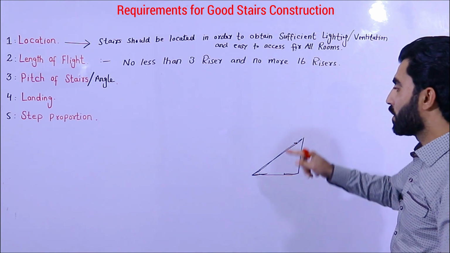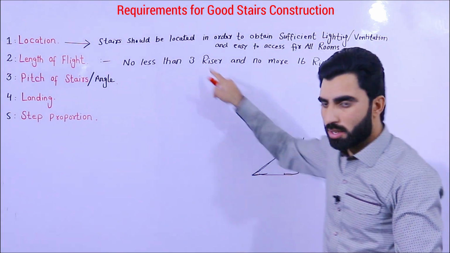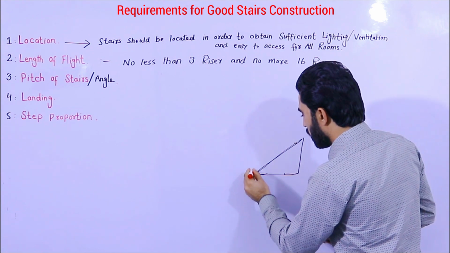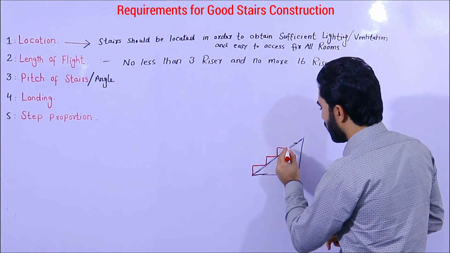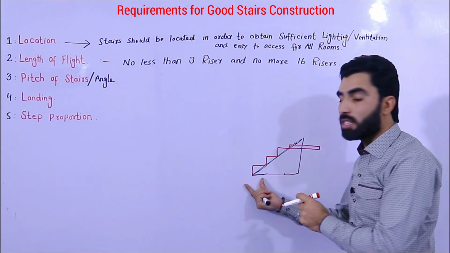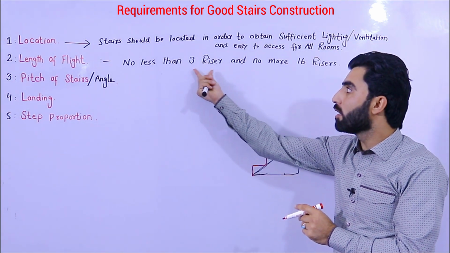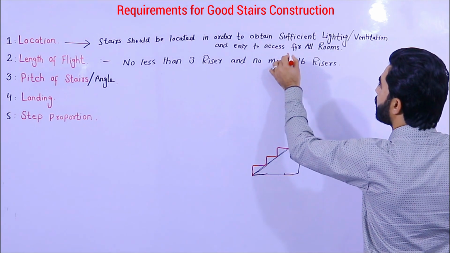This is very important. The flight should have a minimum of 3 risers like this. Let me show you in detail: one riser, second riser, and third riser. After that you are able to provide a landing, but it should not be less than 3 risers. This is the point: no less than 3 risers and no more than 16 risers.